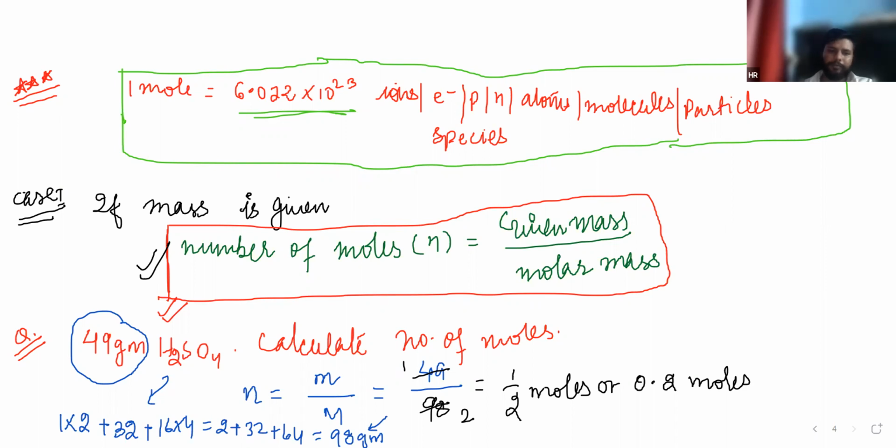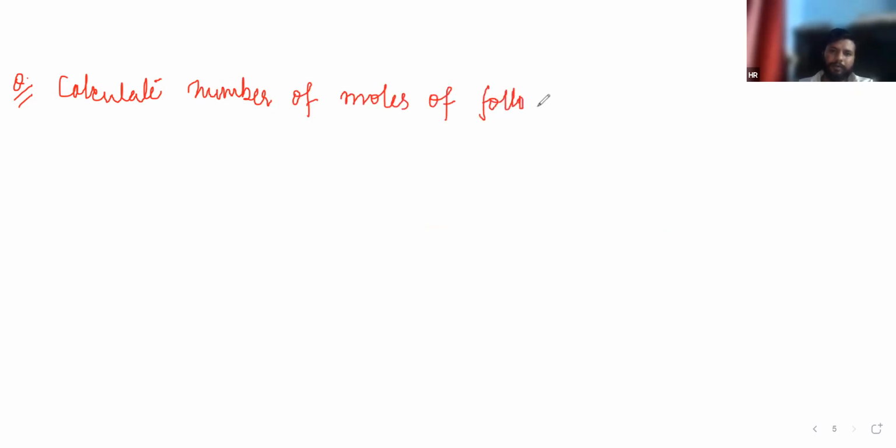Done. Okay. Now I will give some questions on this topic. You have to answer it. Calculate number of moles of following. A. 4.9 gram of H2SO4.